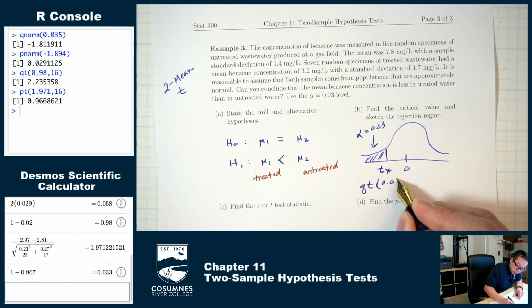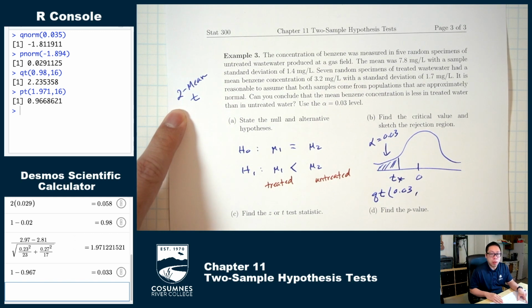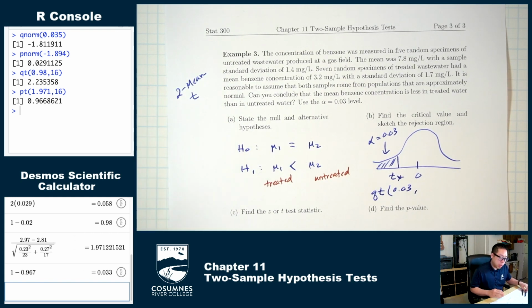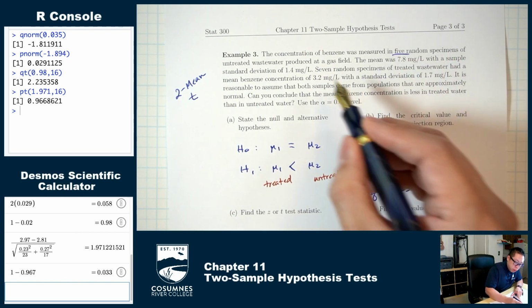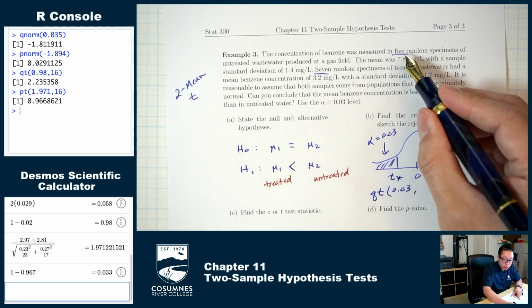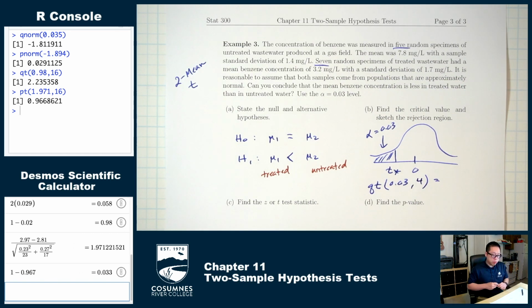So 0.03. QT has a DF. For DF for 2 samples, you use the lower sample size. We have 5 versus 7, so it's going to be 5. DF for 5 is 1 less, so it's going to be 4. All right, so we're going to do QT 0.03, comma 4.